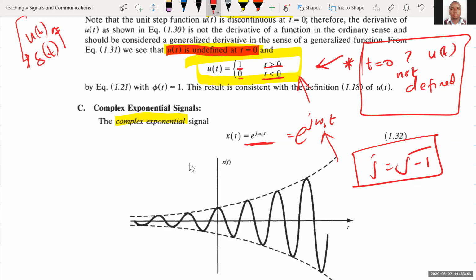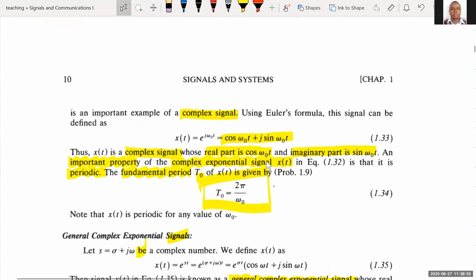We will see how this figure comes about, because on the next page, I believe, we show that we can break this function into two expressions, using Euler's formula. Therefore, we are saying that this function has a real part and an imaginary part.